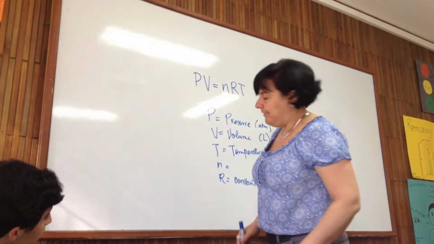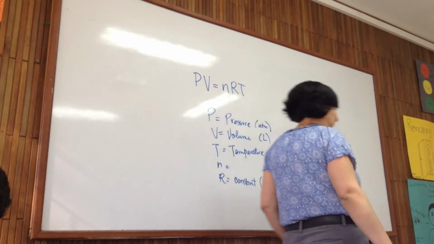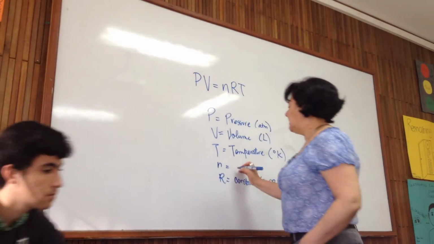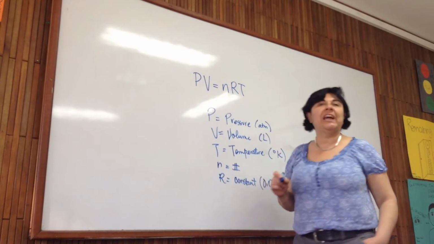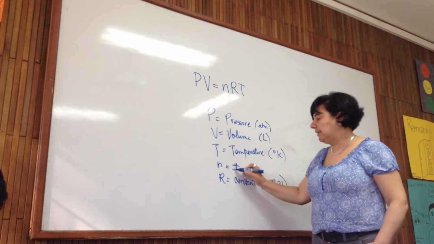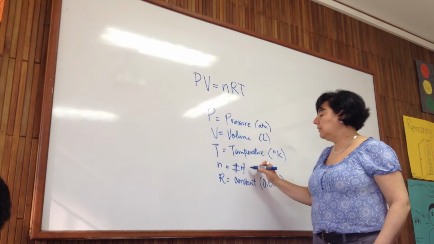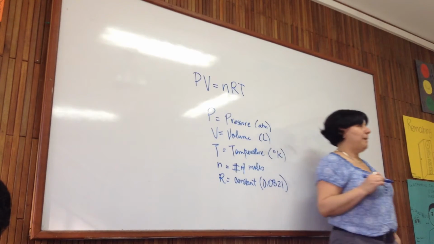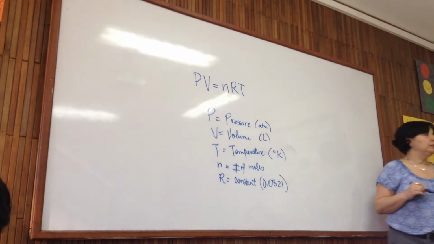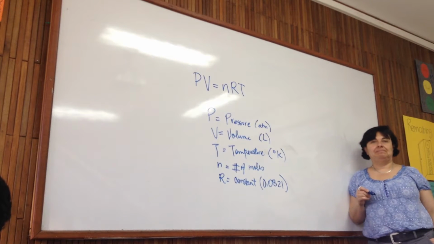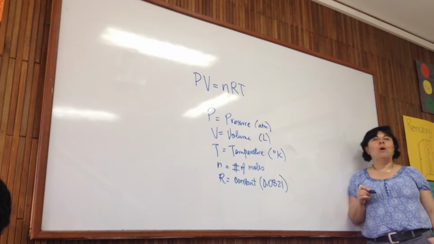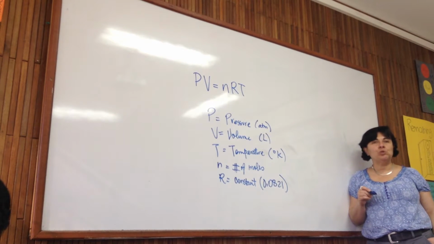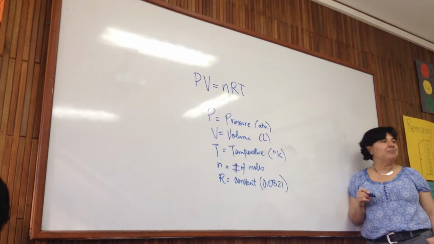And then we have this one. n is usually a number. It says number of something. Number of moles. Moles like the animal? Moles. What is a mole? A mole is a specific amount of atoms.